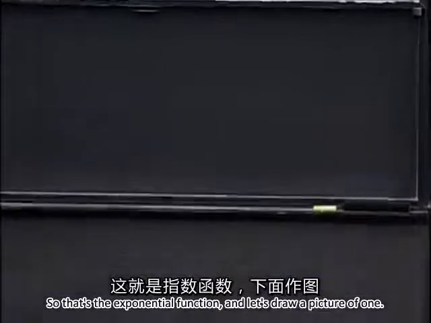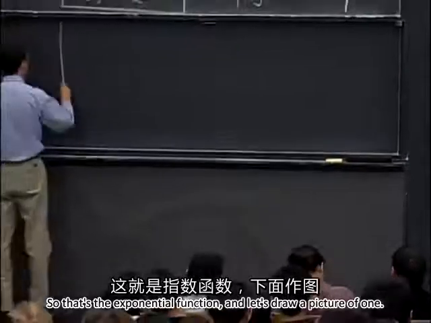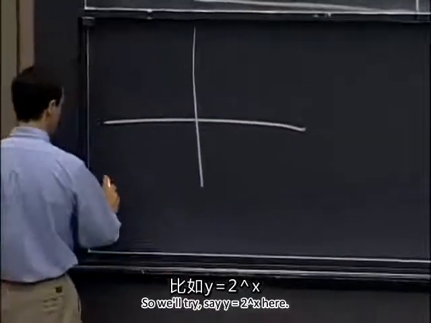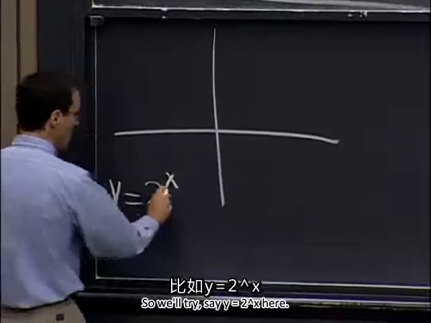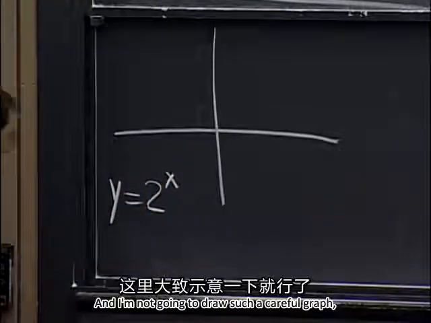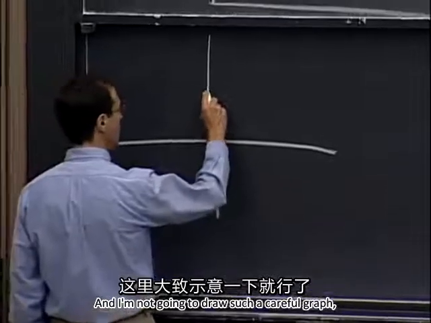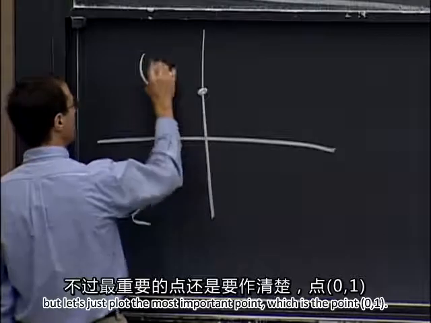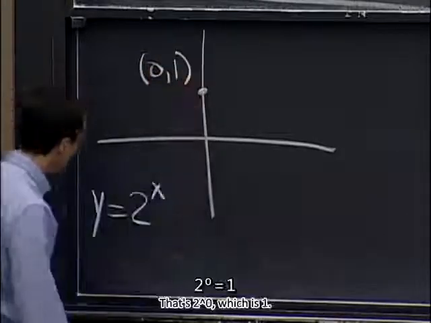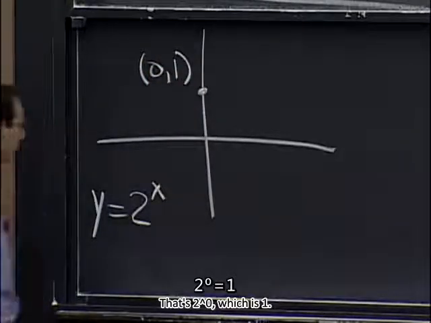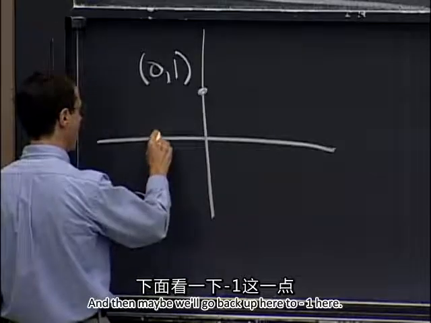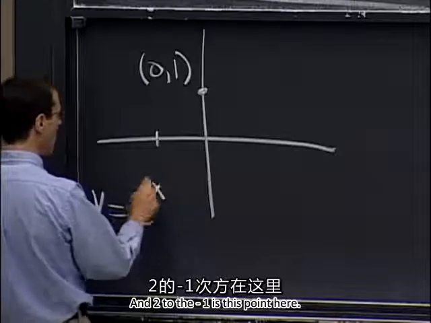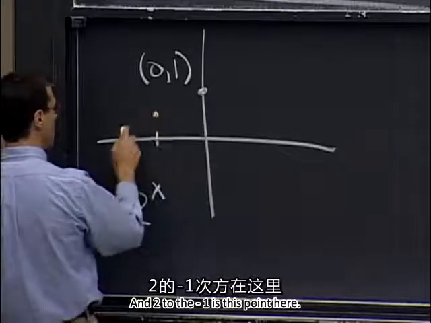And let's draw a picture of one. So we'll try, say, y is equal to 2 to the x here. And I'm not going to draw such a careful graph, but let's just plot the most important point, which is the point 0, 1. That's 2 to the 0, which is 1. And then maybe we'll go back up here to minus 1. And 2 to the minus 1 is this point here.